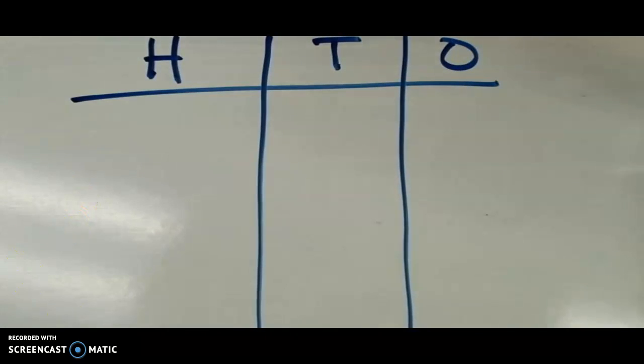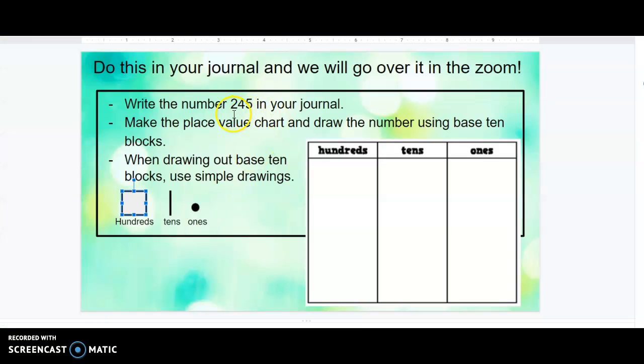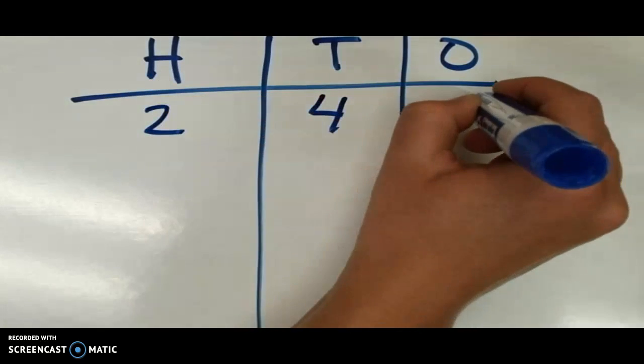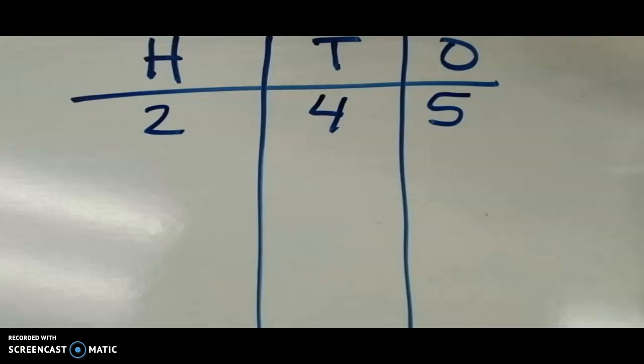And you need to draw the number 245. To help me, I like to draw it out, 245. So on your own in your notebook, I want you to draw this.